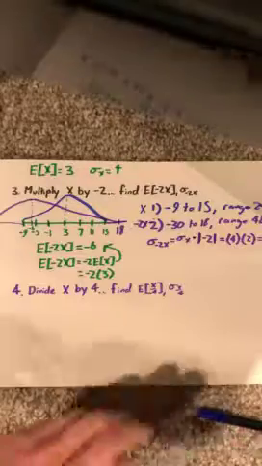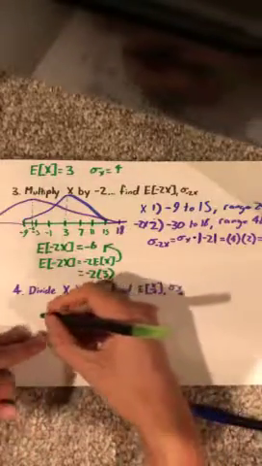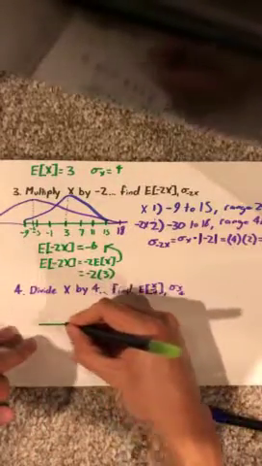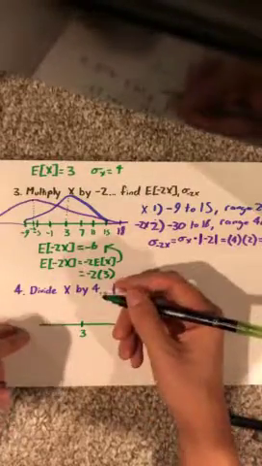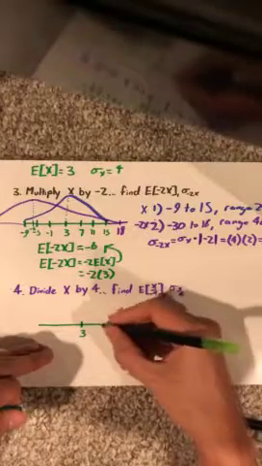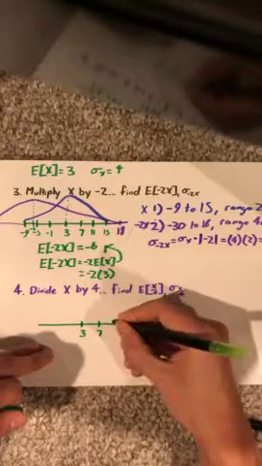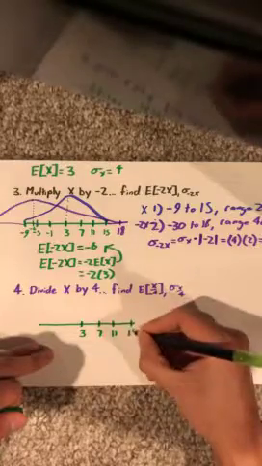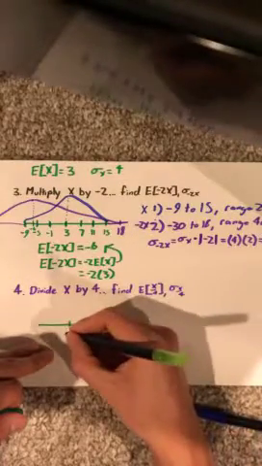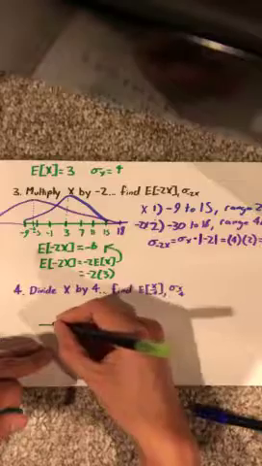So what we've been doing is drawing kind of a visual to help us see what's going on here. So we are centered at 3. That's what we're told. We know that there are about 3 standard deviations on each side, which most of our distribution falls within.